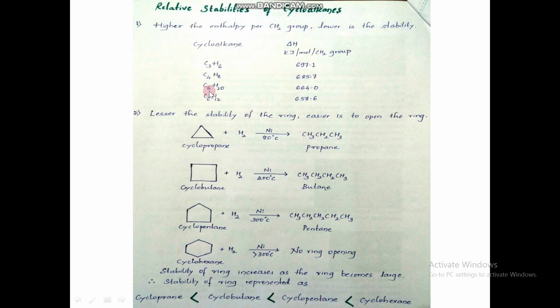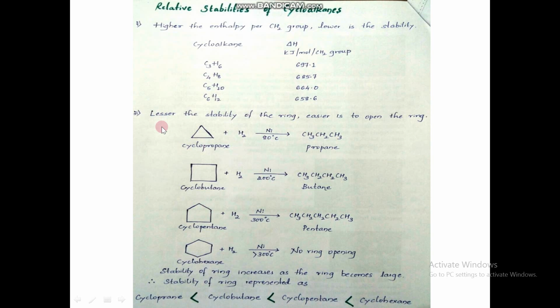Examples: C3H6, cyclopropane, the enthalpy is 697.1; cyclobutane, 685.7; and C5H10, cyclopentane, 664.0. Higher the enthalpy, as in C3H6, means it is less stable compared to these other molecules.